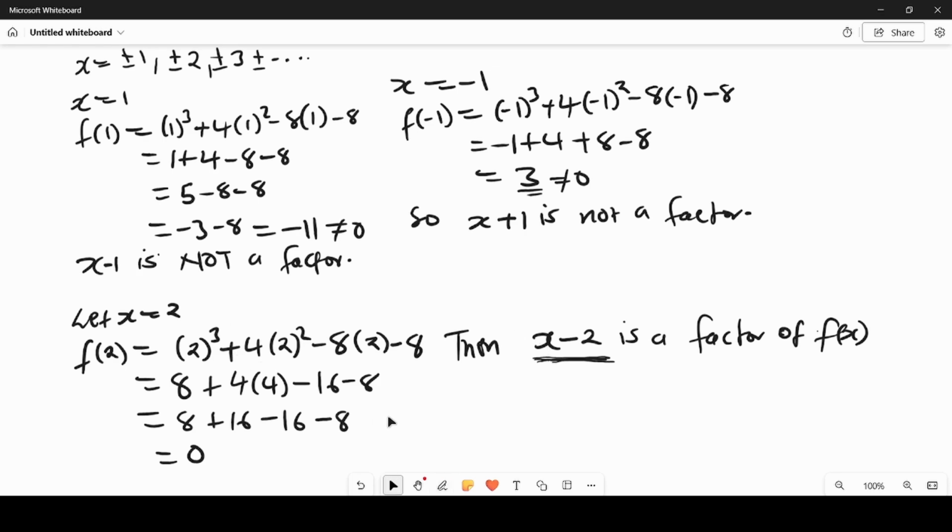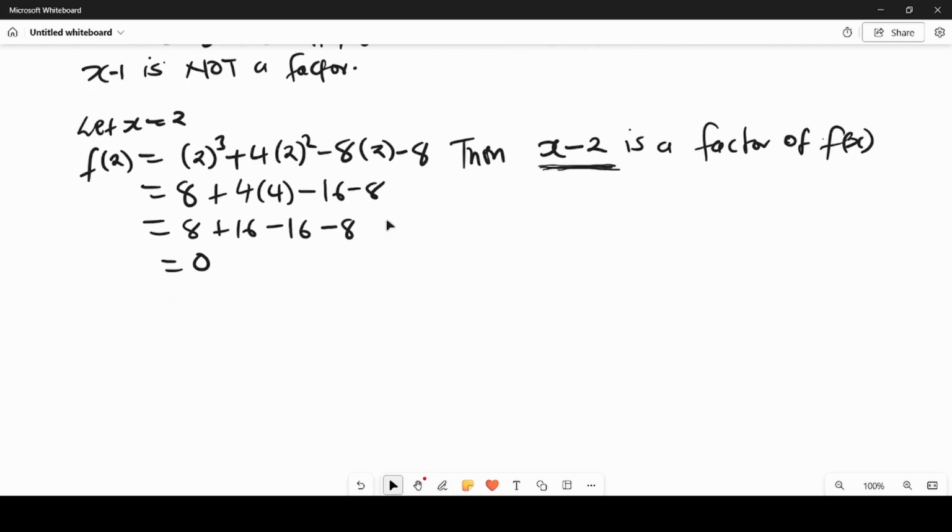Okay, so let's divide, and we're going to use synthetic division.